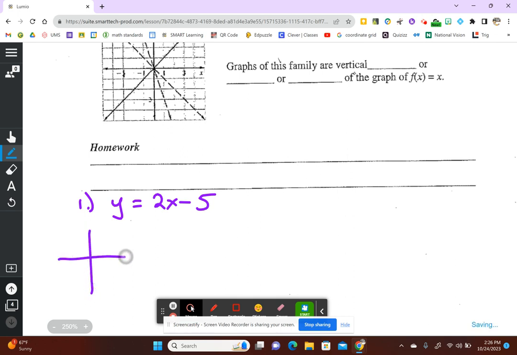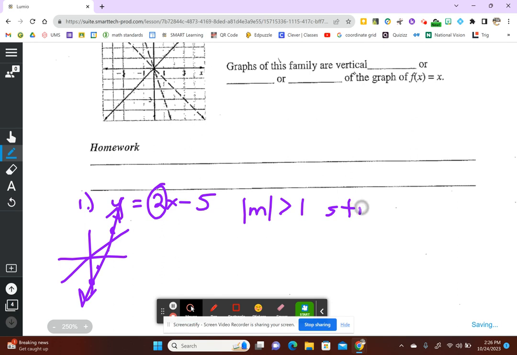So the parent linear function looks like this. Well, this one's going to start down here. It's going to go up and over, up and over, up and over. So this is going to be, because the absolute value of m is greater than 1, it's stretching. And because we're subtracting 5, it is translation.